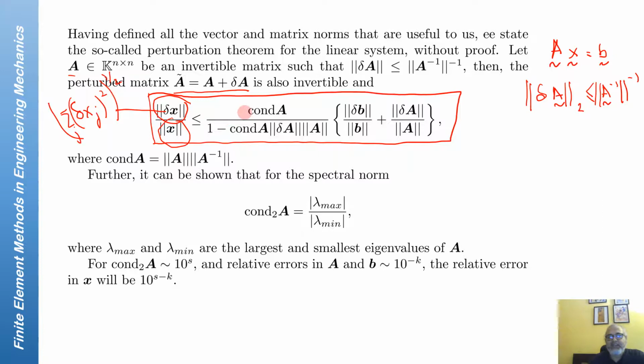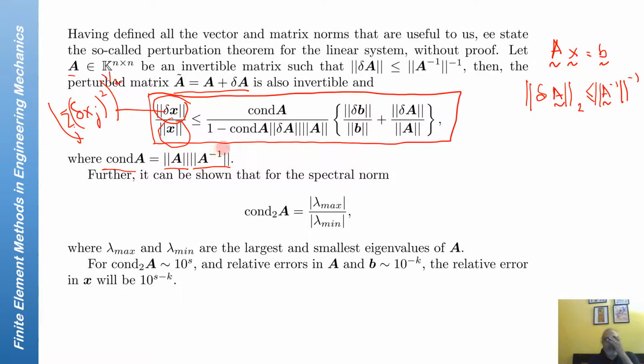It has to be less than the condition number of A times the relative error in the norm of A plus the relative error in the norm of b that you have committed, and these together bound the error in x. The condition number of A is again a scalar: the norm of A multiplied by the norm of A inverse.